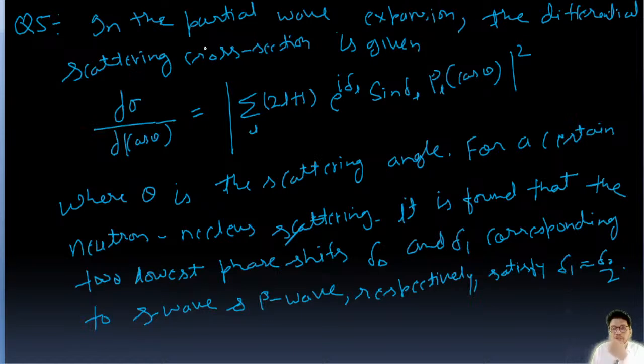Okay, so question is, in the partial wave expansion, the differential scattering cross section is given, where theta is the scattering angle, and for a certain neutron nucleus scattering, it is found that the two lowest phase shifts which are delta 0 and delta 1 corresponding to S wave and P wave respectively satisfy delta 1 equal to delta naught by 2.